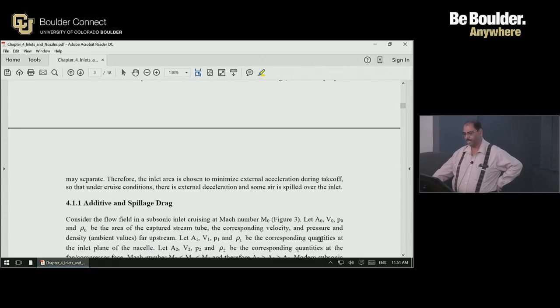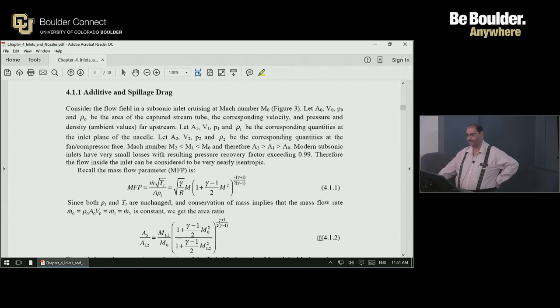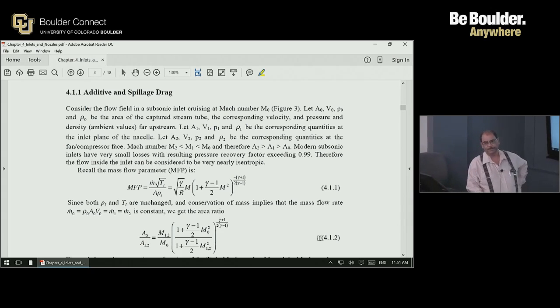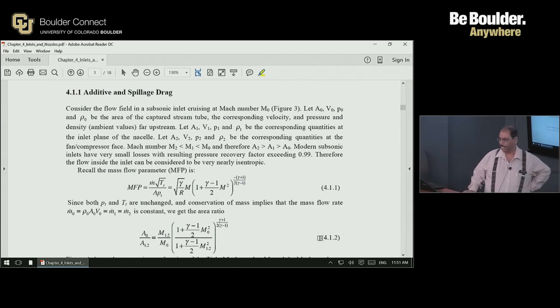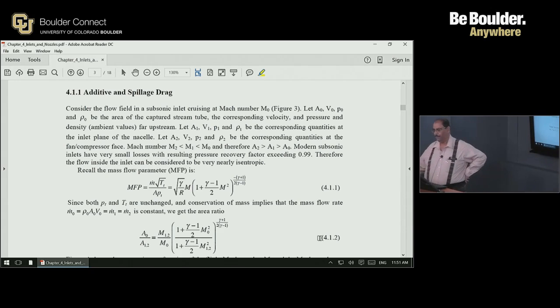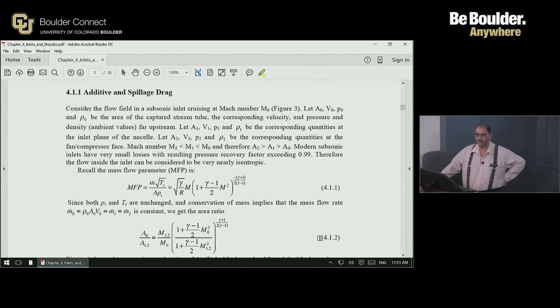Let's talk about the additive drag. One of the important things that you must understand is the isentropic flow inside a duct. There is a section on that in my appendix, so take a look at that.